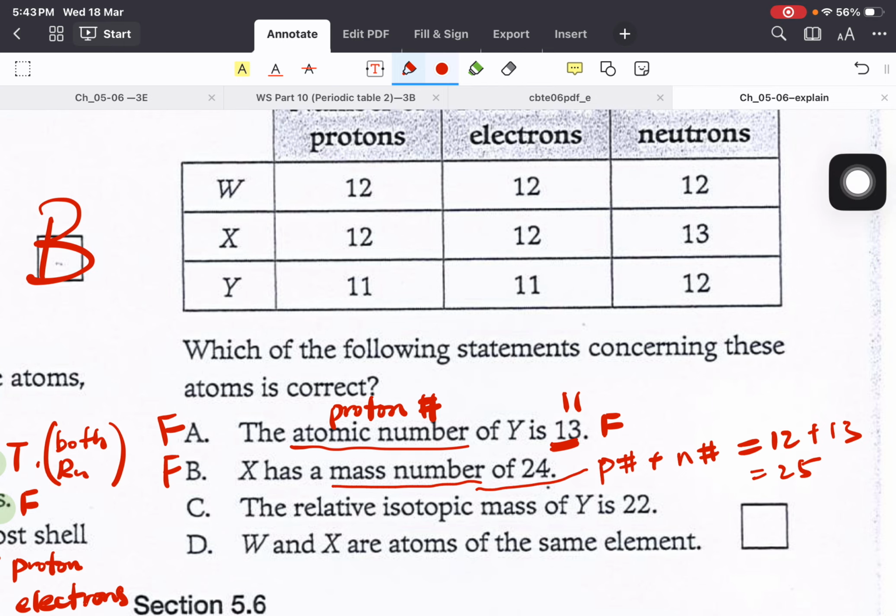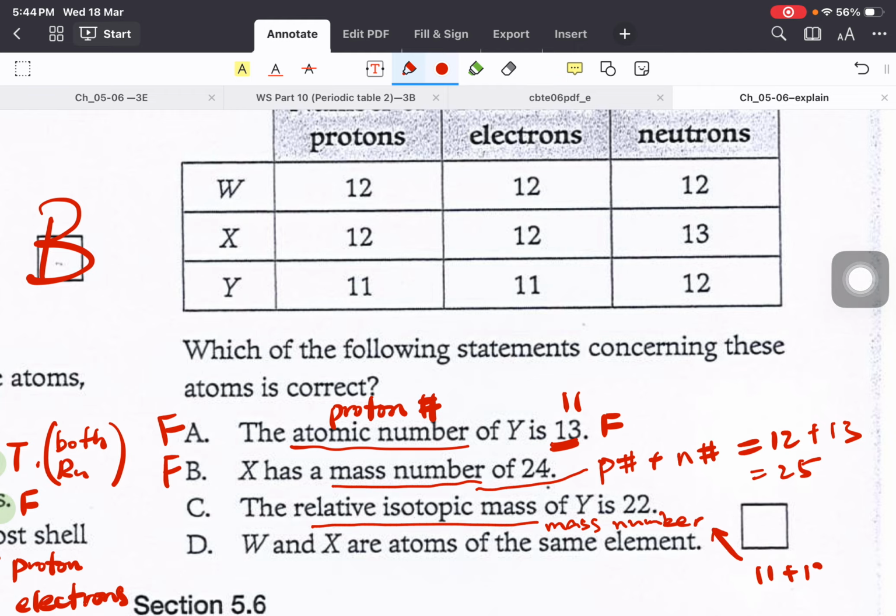Thirdly, the relative isotopic mass of Y is 22. Again, relative isotopic mass equals mass number, so equals protons plus neutrons as well. So Y is here. 11 plus 12 equals 23. So it's not 22.